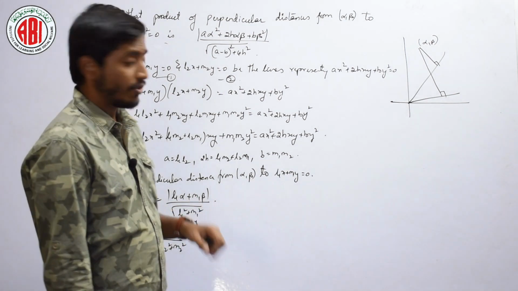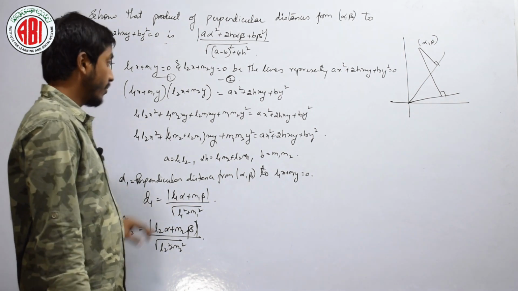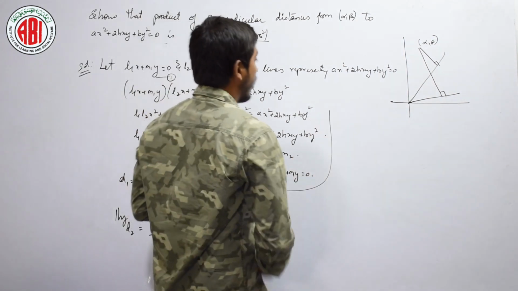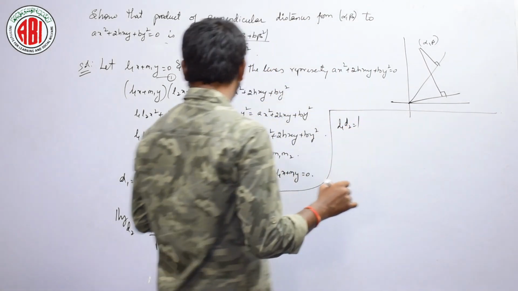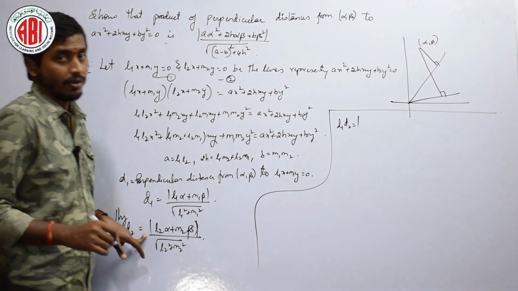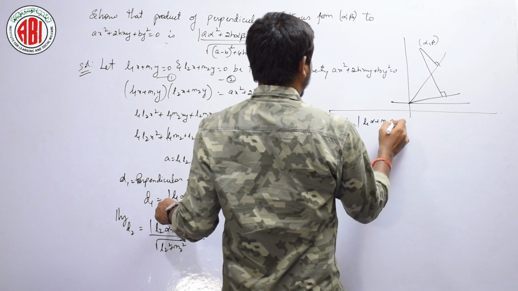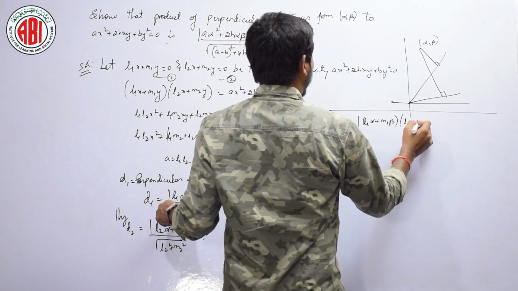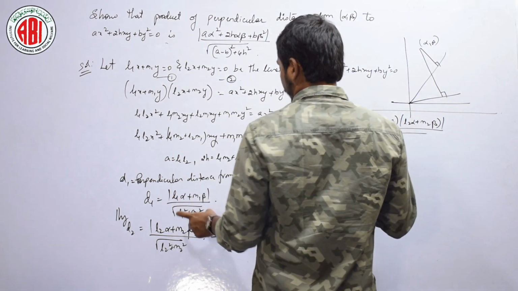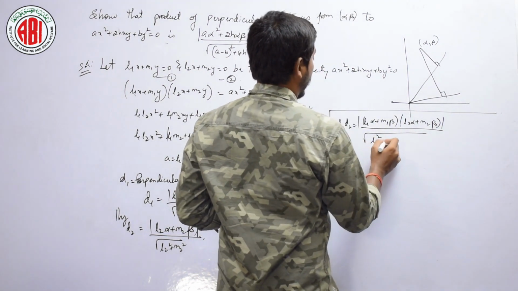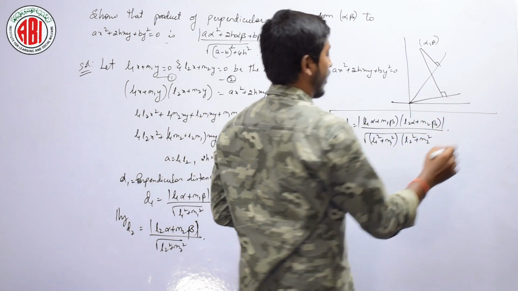Now, what is it that we have to do? We have to multiply these both, that is d1 into d2. They are asking us to find the product of both, so d1 d2 is nothing but the product: L1 alpha plus M1 beta into L2 alpha plus M2 beta divided by under root L1 square plus M1 square into L2 square plus M2 square.